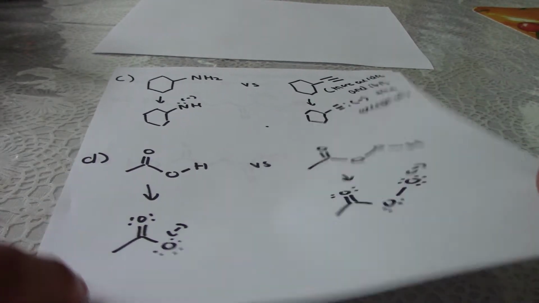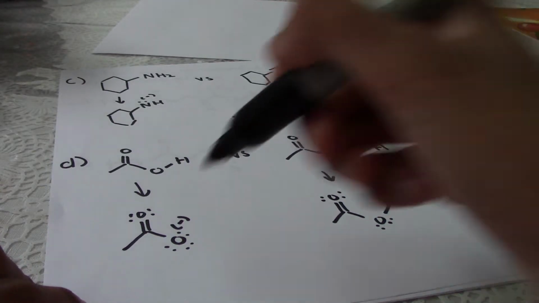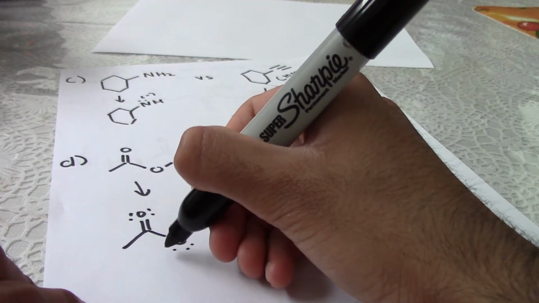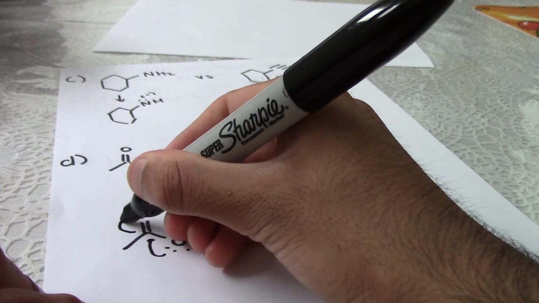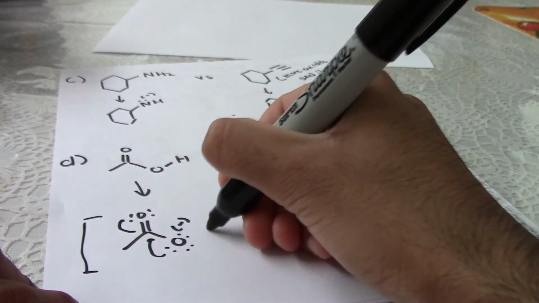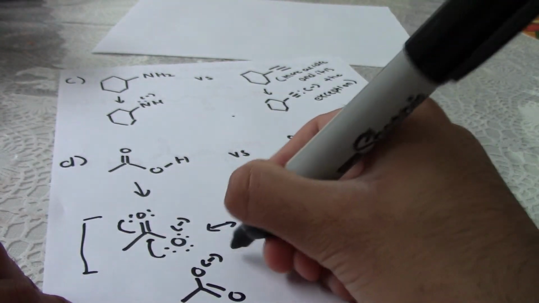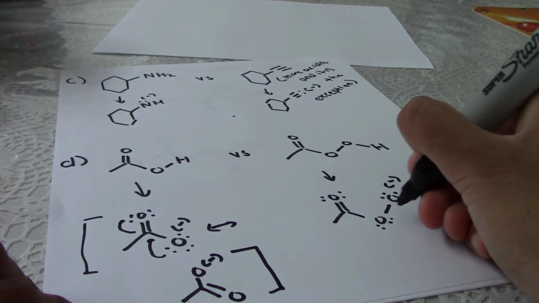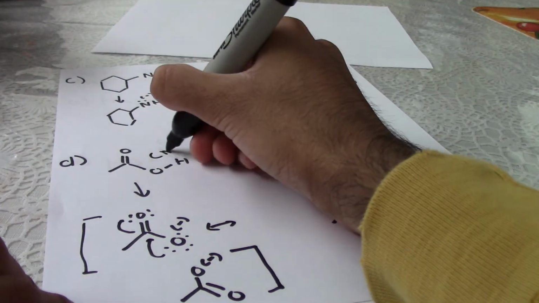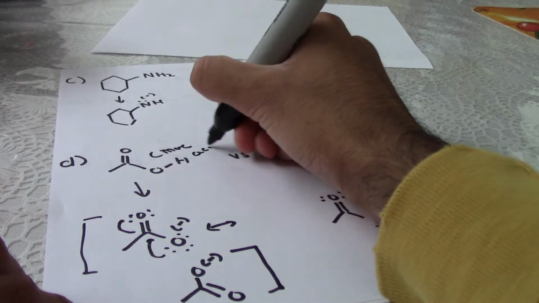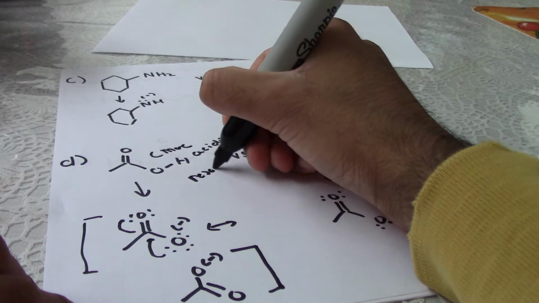So the second factor we consider is resonance. I know that this structure over here does have resonance. I'm not going to draw the arrows, but actually I'll just draw them here. I guess this is our resonance structure. But this doesn't have resonance. Since this doesn't have resonance and this does, we know this has to be more acidic due to resonance.